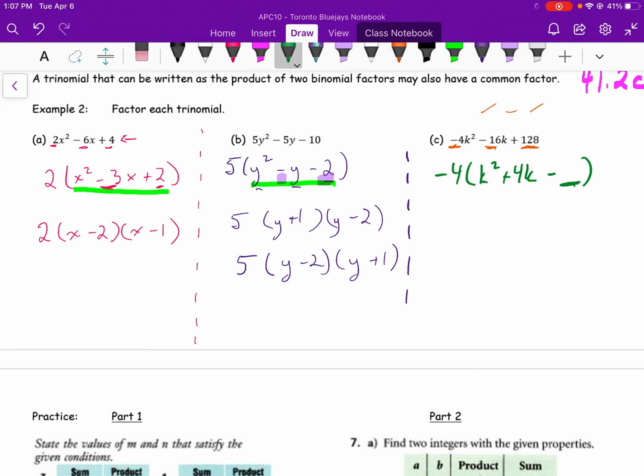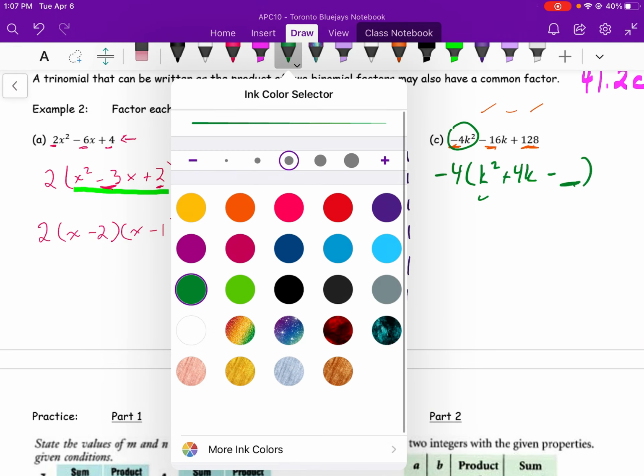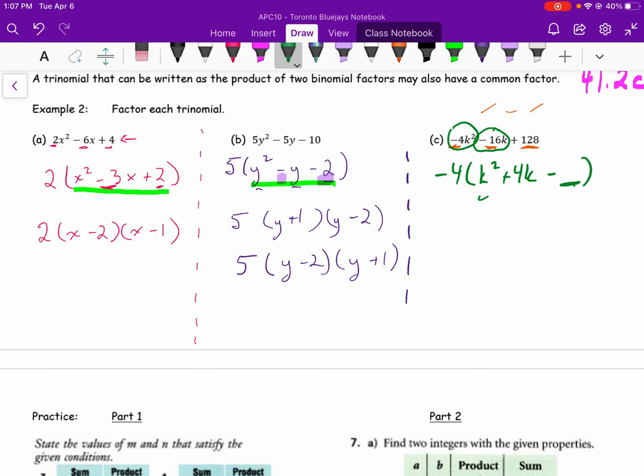Now remember, factoring out is very similar to dividing. So negative 4k squared divided by negative 4, I'm left with k squared. Negative 16k divided by negative 4, I'm left with positive 4k. But negative 128 divided by negative 4, so maybe I'm just going to take some time and do this.